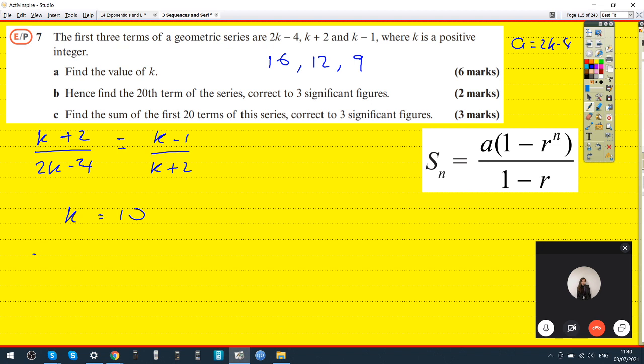So we have to do S20 equals 16 brackets 1 minus R to the power of 20. What is R? R is the common ratio. Yep. What's the common ratio?